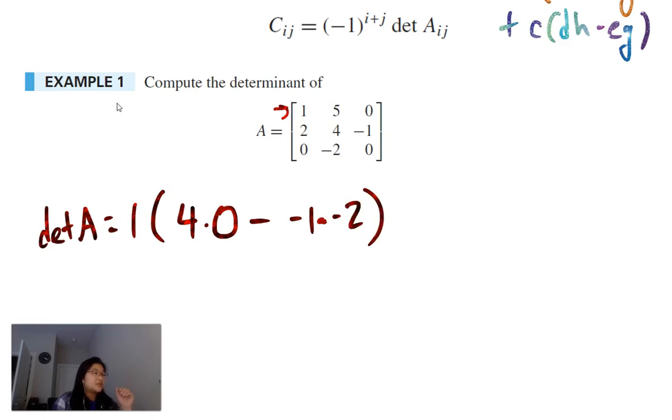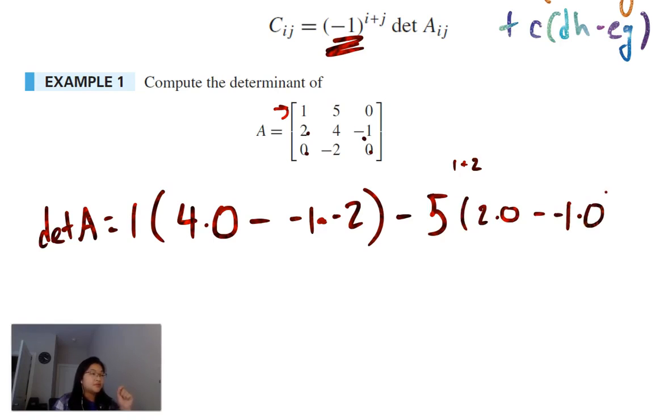And then we have minus 5, because we have our alternating. So this is now going to have an odd power on our negative 1, because this is 1 plus 2. So we have 5 times 2 times 0 minus negative 1 times 0.